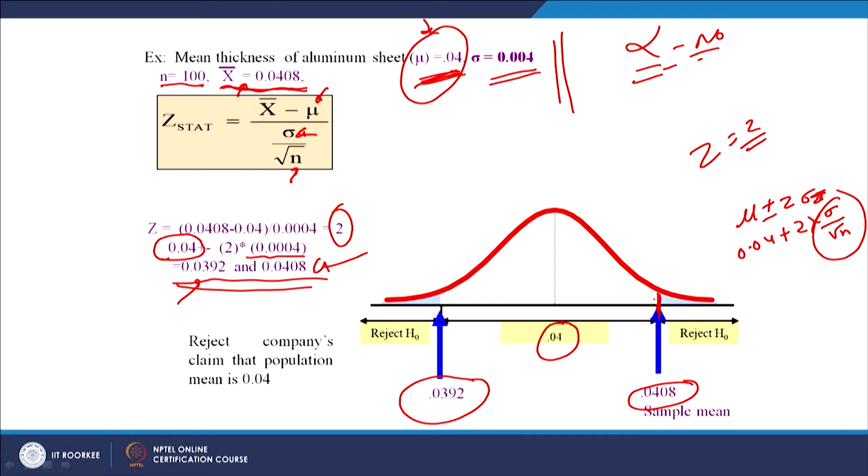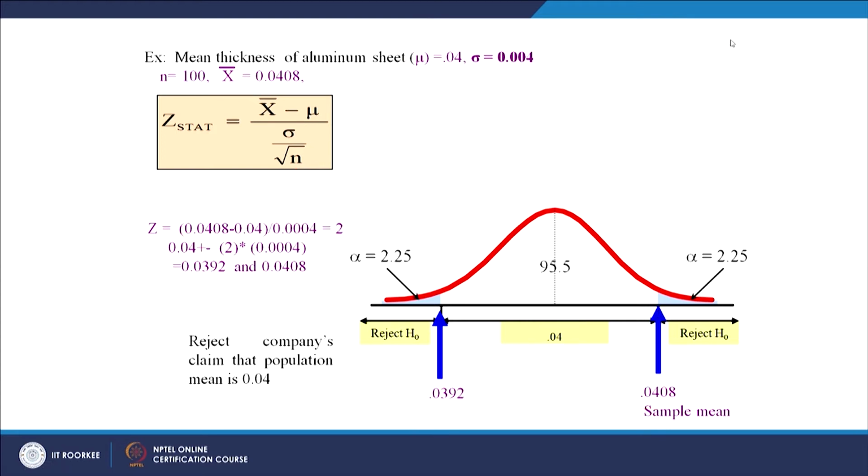So, you will reject the null hypothesis, since it is not in between, it is just on the upper limit. This is a question which we have solved without having an alpha value. So, any question on hypothesis testing can be solved even if you do not have an alpha value.